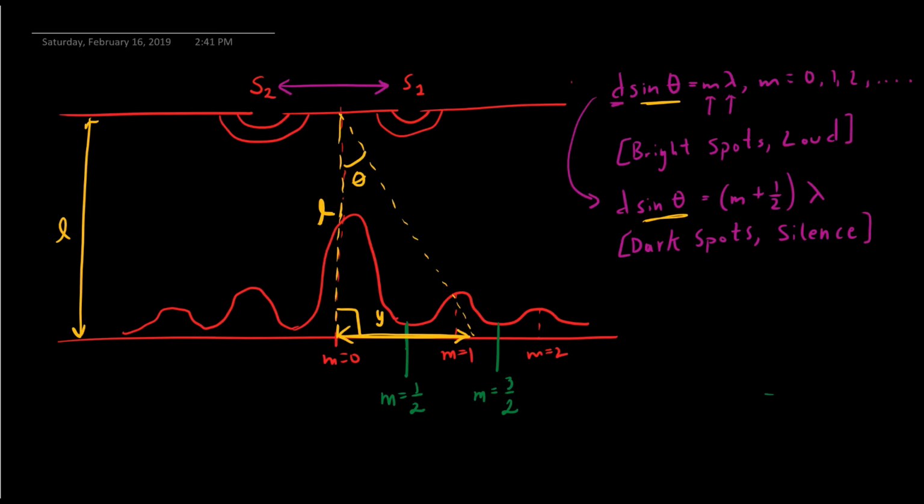And this is what theta represents: the angle from the central maxima to halfway between the slits to some arbitrary maxima or minima.